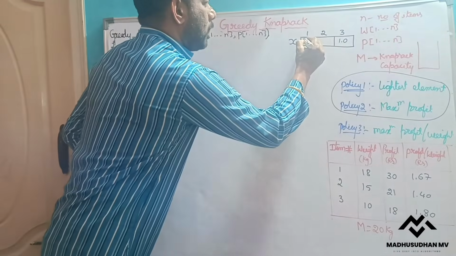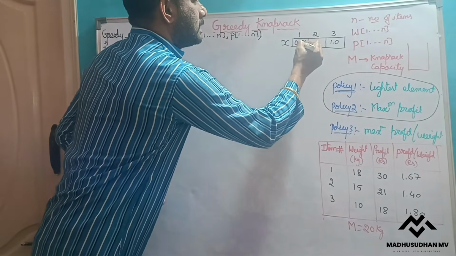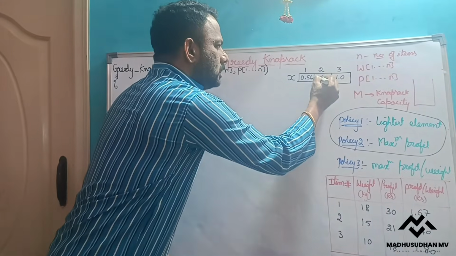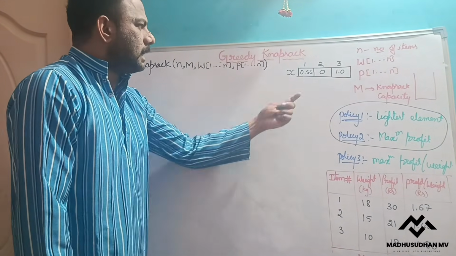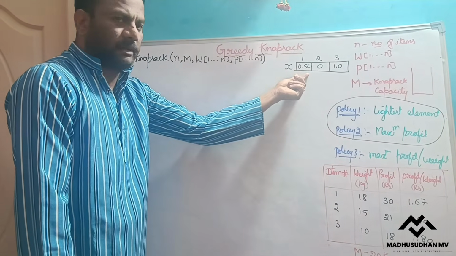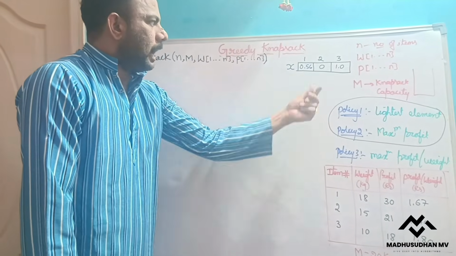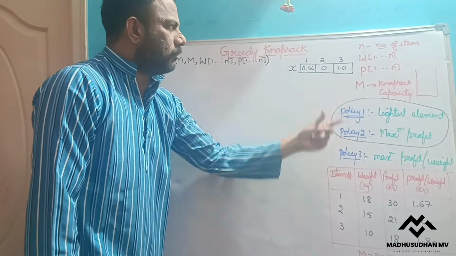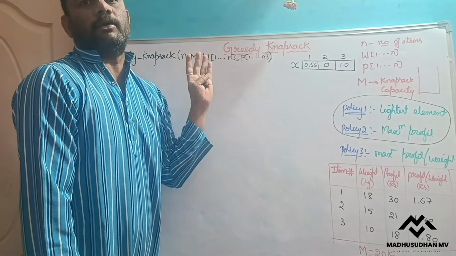That means of item number 1 we took 0.56, 56%. And we have not taken item 2, so that is 0. So it indicates that if you take 56% of item 1, 0% of item 2 and the complete item 3, we will get the maximum profit.